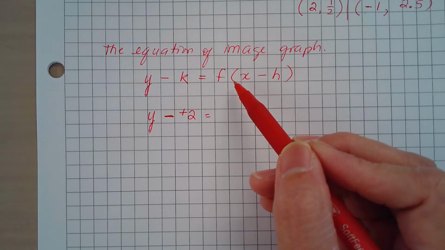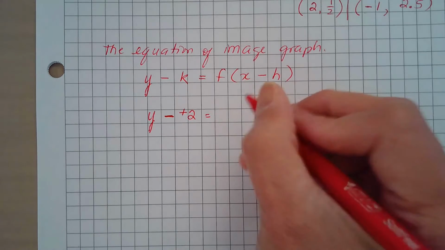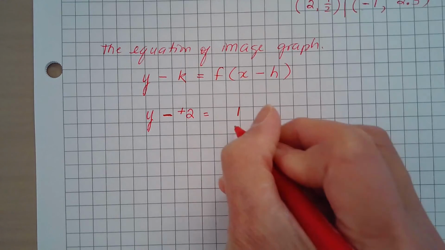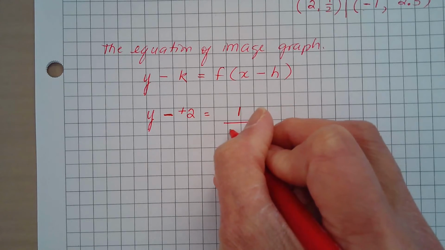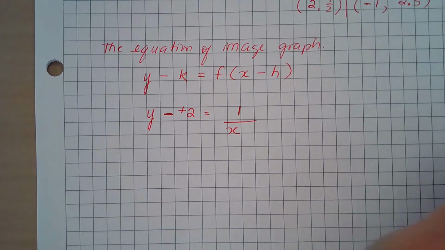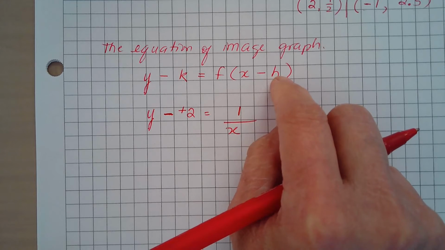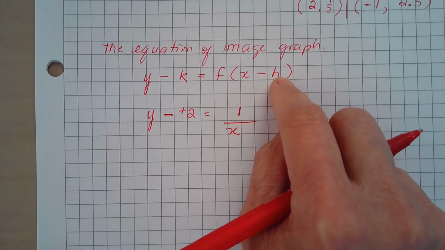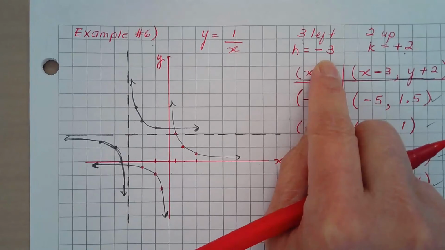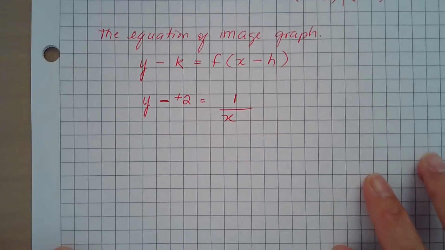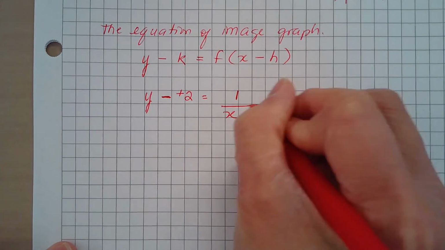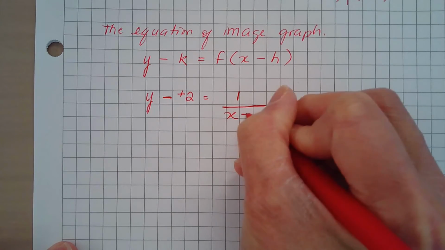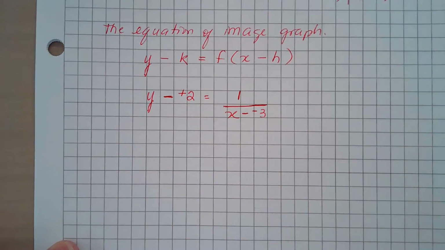We want to have just the specific function 1 over x. So what's the function? 1 over x. And what's h value? H value is -3. So minus -3.